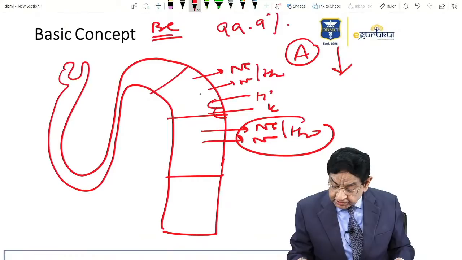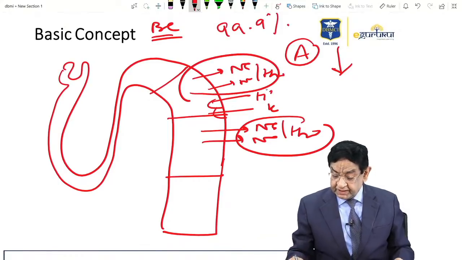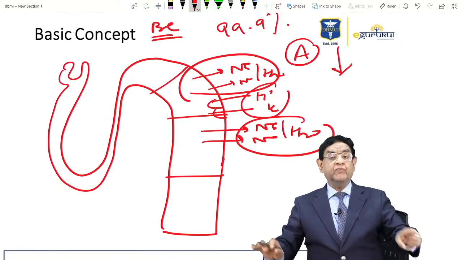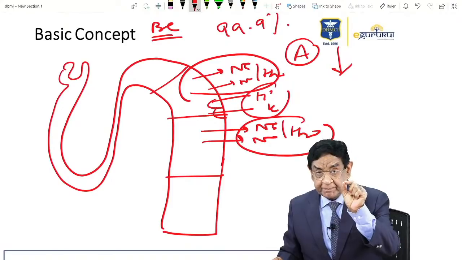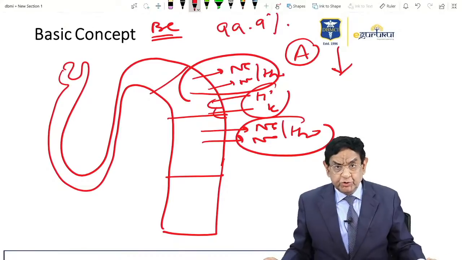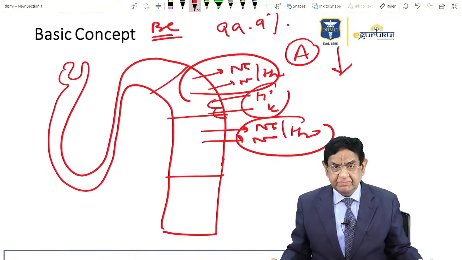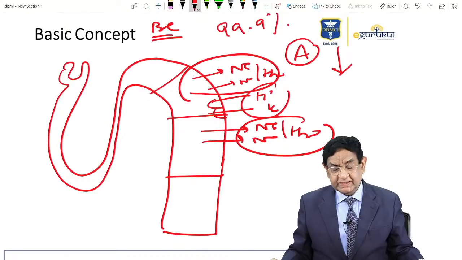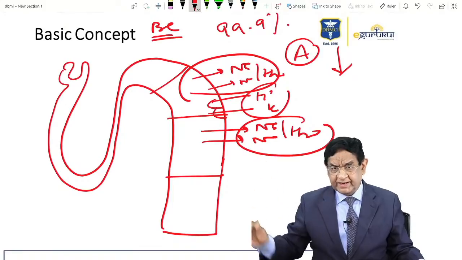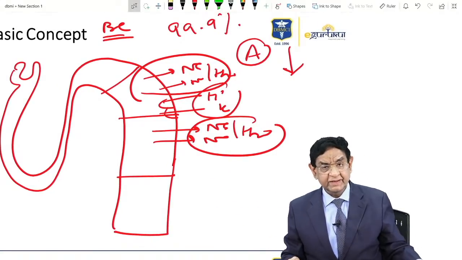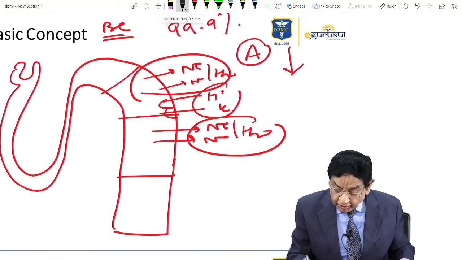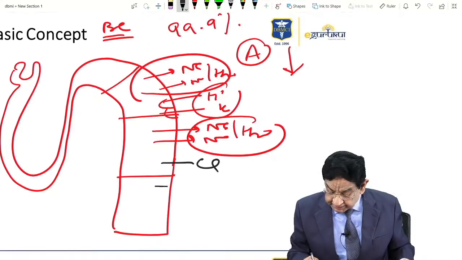This all happens normally, but here excess sodium is coming in. Why? Same epithelial sodium channels. Agreed? You mean to say same as Liddle syndrome? Not completely, there's something extra. In Liddle syndrome, only sodium went in. Here sodium is going in, but in addition to that, excess of chloride also comes in.